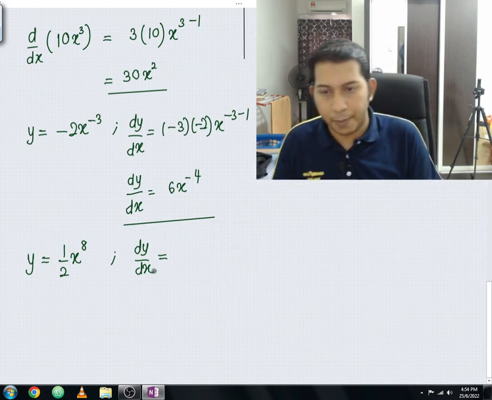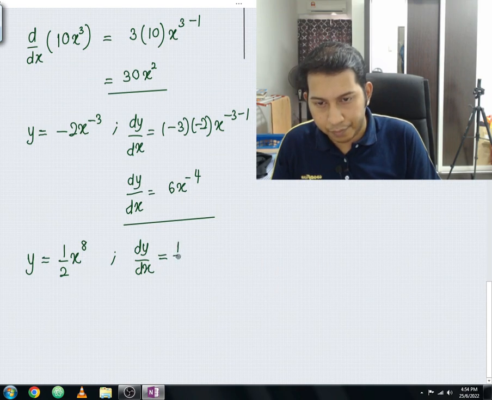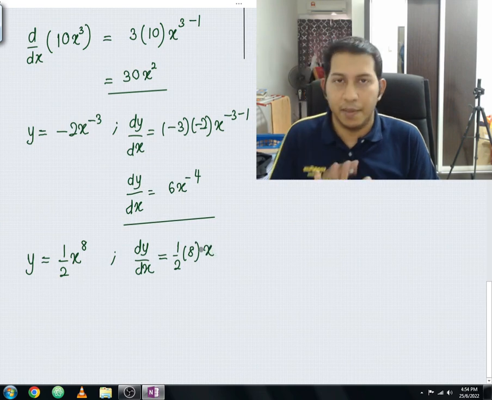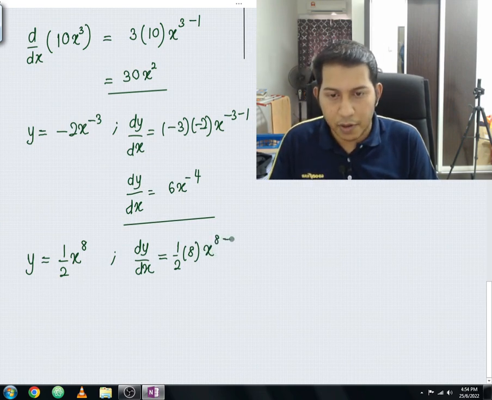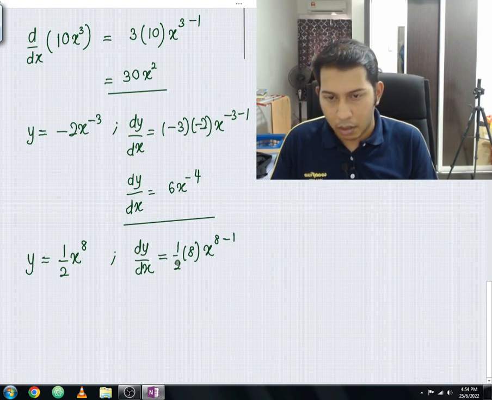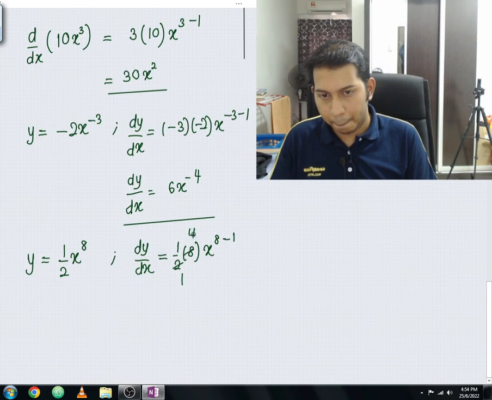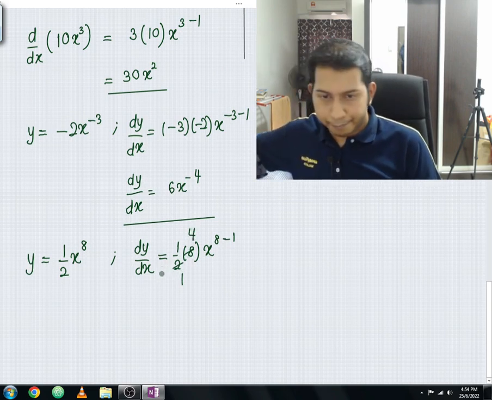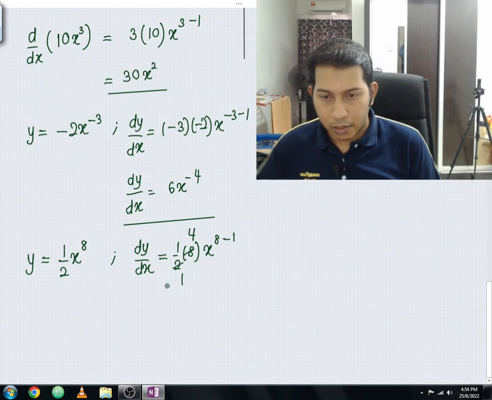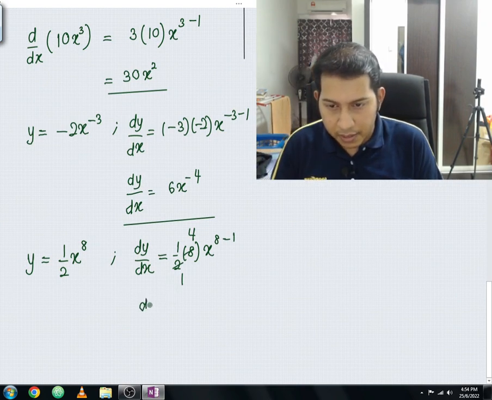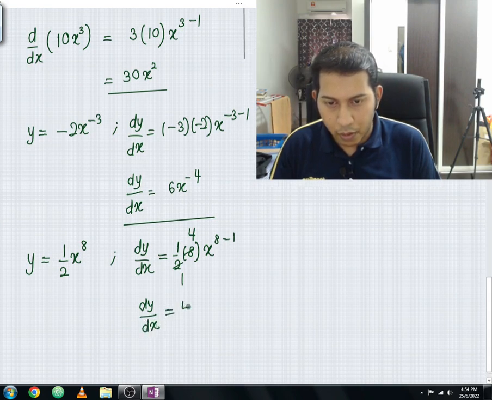So half times 8, x still remains the same, and then the power 8 you minus 1. This one simplifies to 4. So from here you get your dy over dx as 4 x to the power of 7.